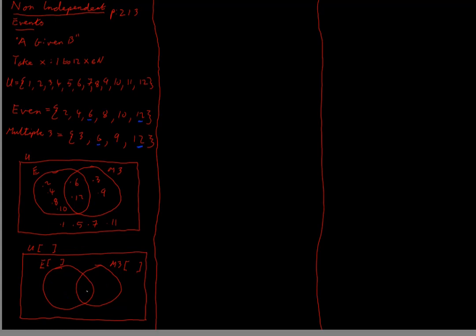How many elements are there in each of these sets? So my universe is going to have 12 elements in it. Numbers 1 to 12, so I have 12 different elements to deal with. In my even set, I have 2, 4, 6. I have 6 numbers in my element set. In my multiples of 3 set, I have 4.